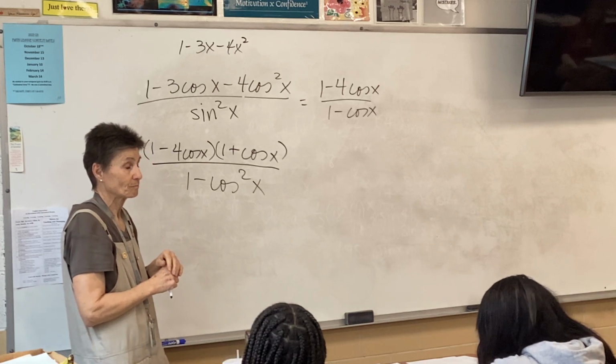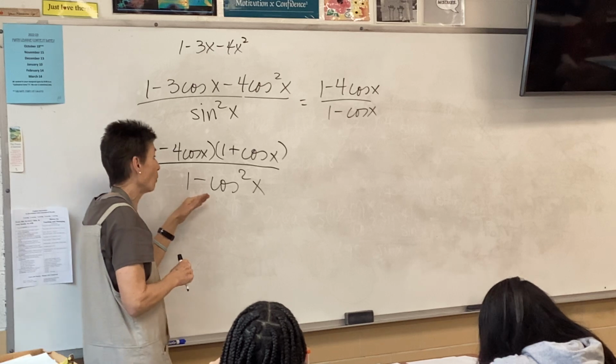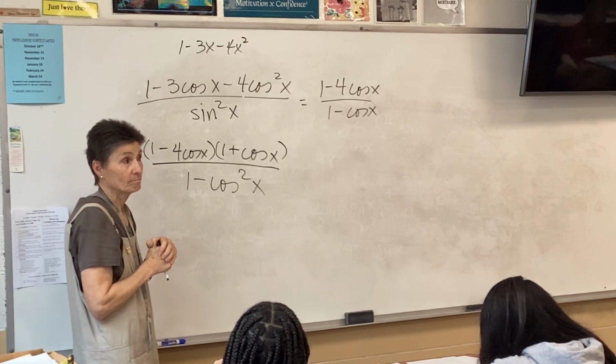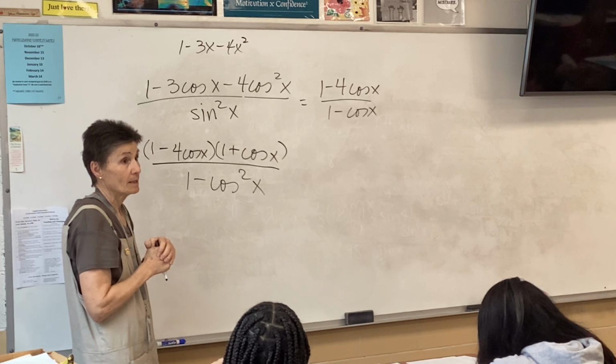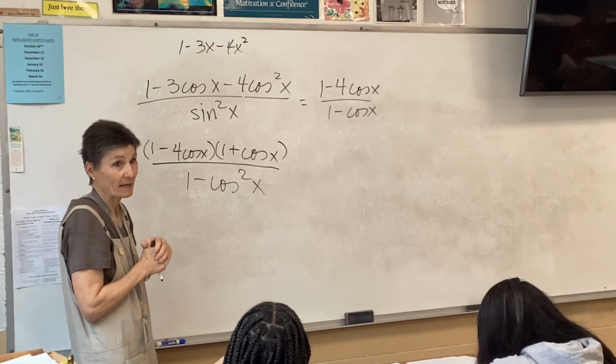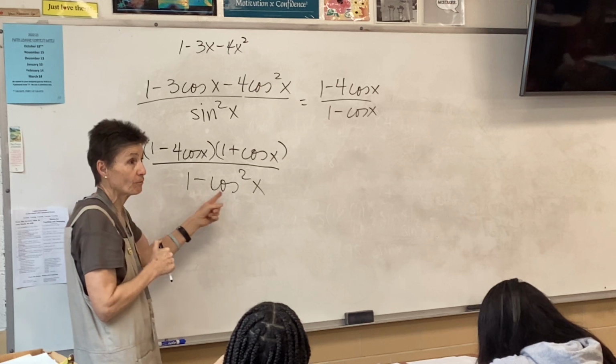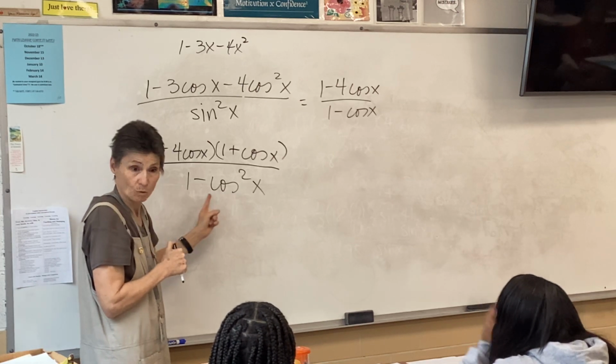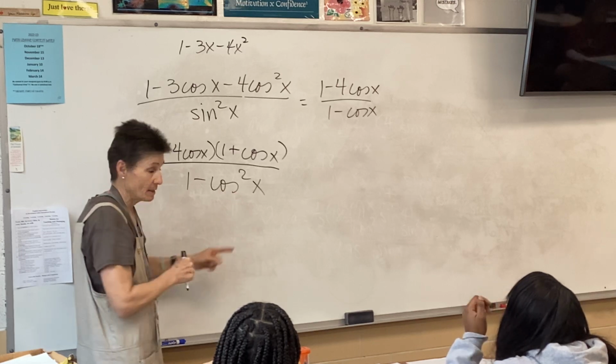Right? Now, tell me about 1 minus cosine squared. It also factors because it's the difference of squares. The difference of squares always factors.